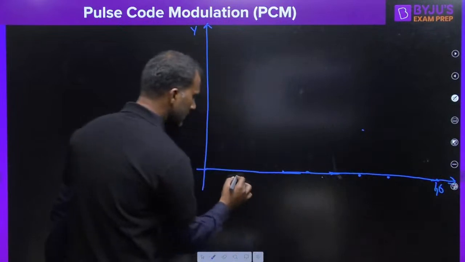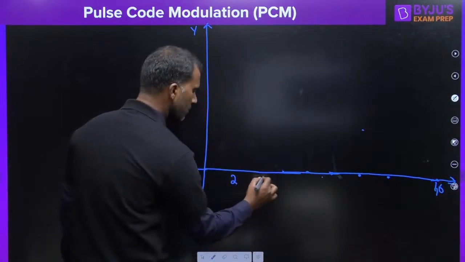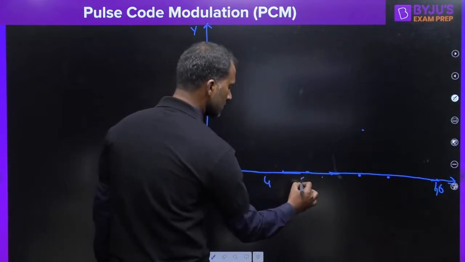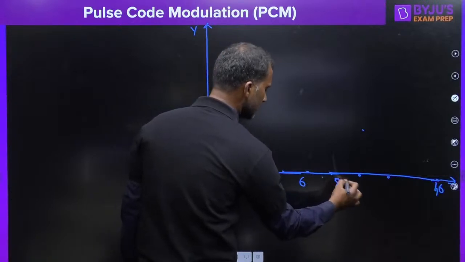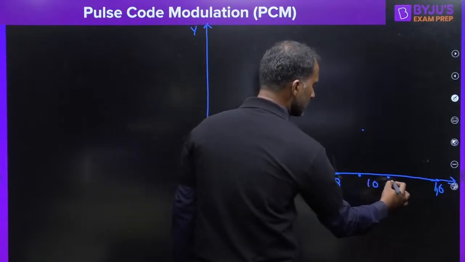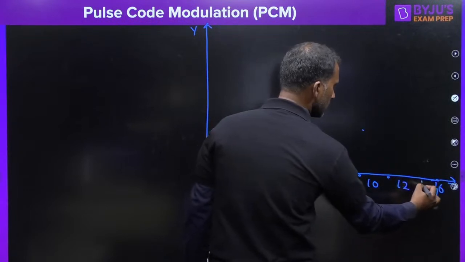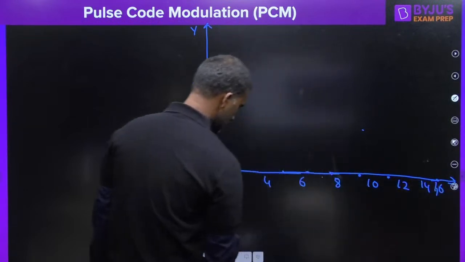Okay, right, let me write the values 2, 4, 6, 8, 10, 12, 14 and 16.